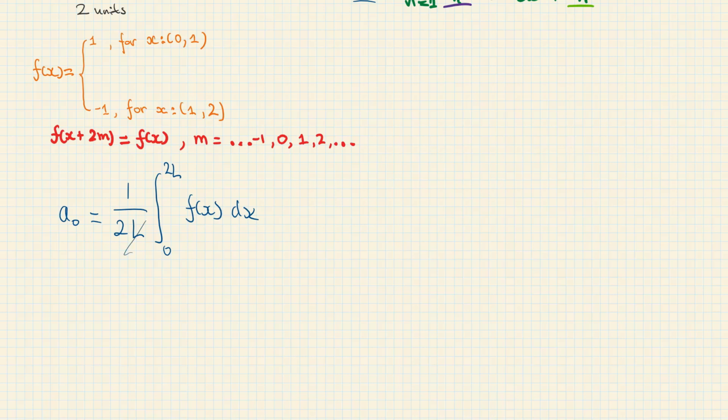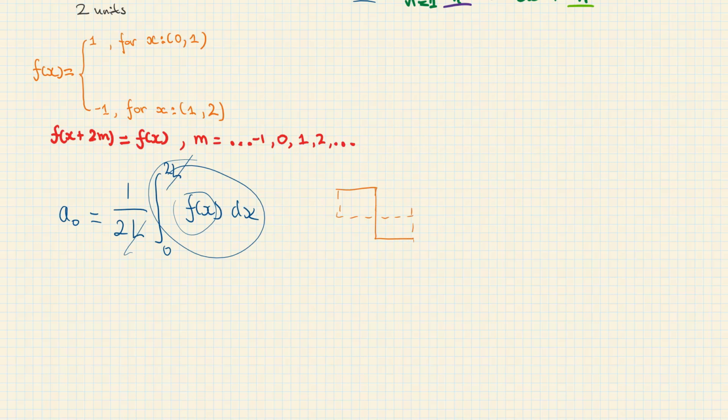Now L is just 1, and so this integral, we can actually evaluate it visually. It just involves f of x. And we know that f of x looks like this over the interval that we are interested in.